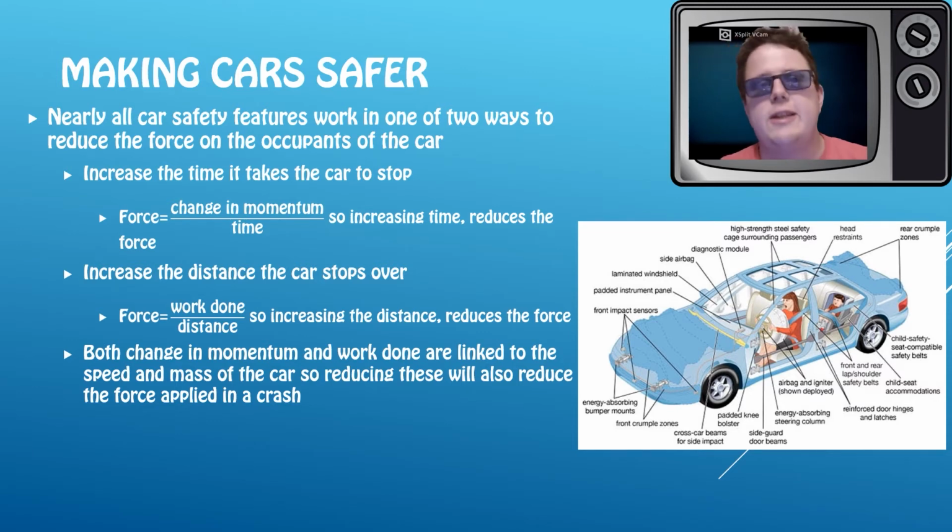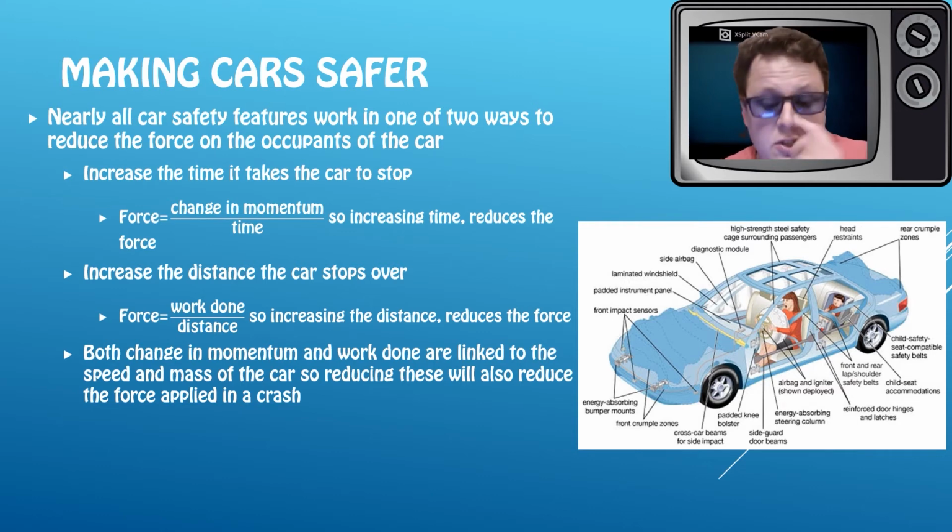Now, if we think about a distance argument, our formula for work done is force times distance. So if we rearrange that to say force is work done divided by distance, work done is going to be the change in kinetic energy, which is related to the speed, nothing we can do about that. But if we divide by a bigger number, same argument as before, we're going to reduce the force.